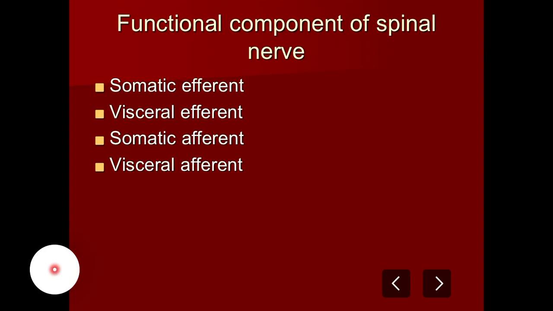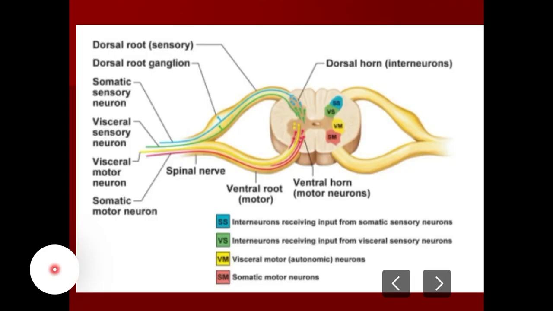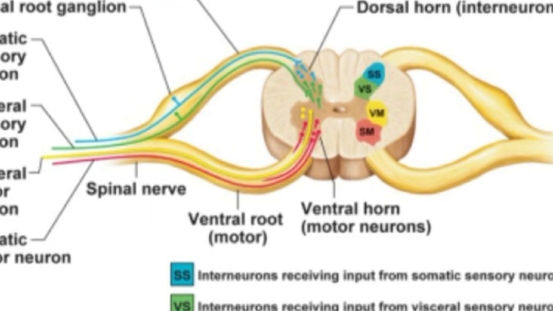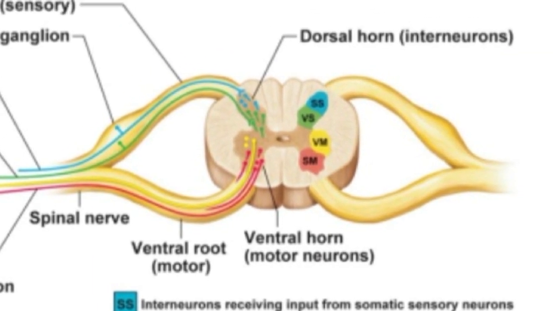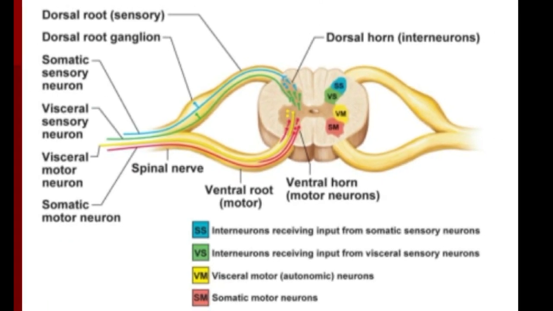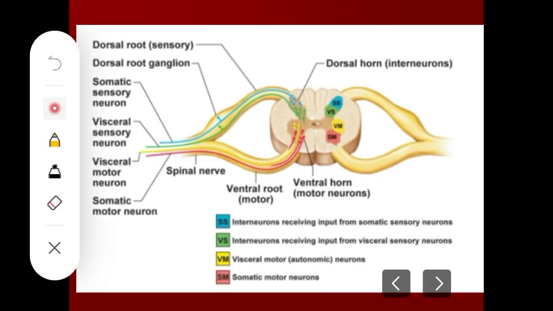Fine. So look at that. Now you are seeing a spinal nerve, and this is the ventral root, otherwise termed as the motor root. This is the dorsal root, otherwise termed as the sensory root.